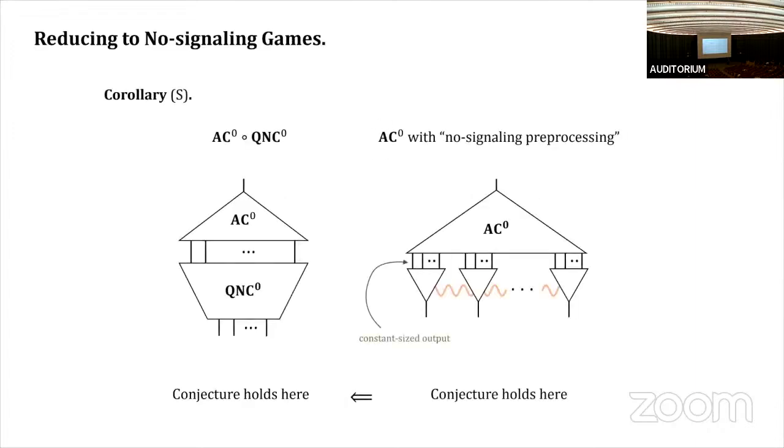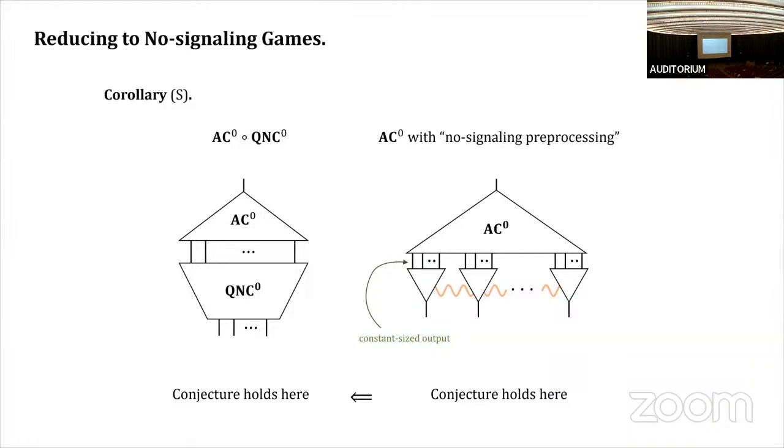But the point is that you can take your original circuit model here with this QNC0, and through some light cone and graph theory kind of argument, actually reduce it to a different model here that looks more like a non-local game. So here I still have an AC0 circuit, but the input is no longer QNC0. It's the output of a bunch of players. So each player gets a single bit of that input. They each output a constant number of bits.